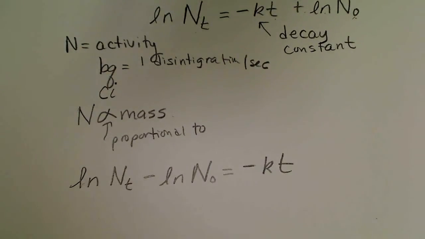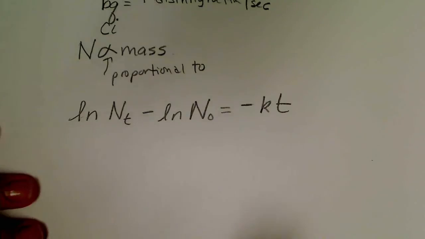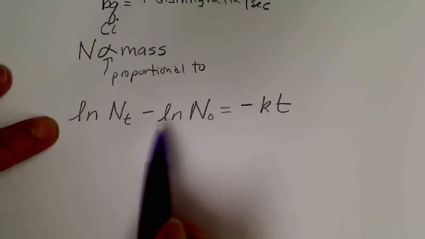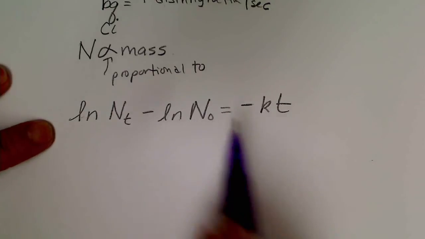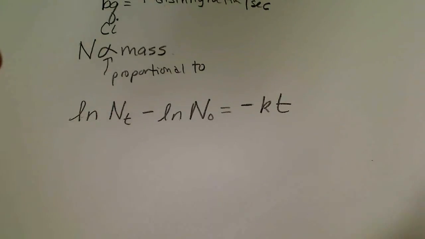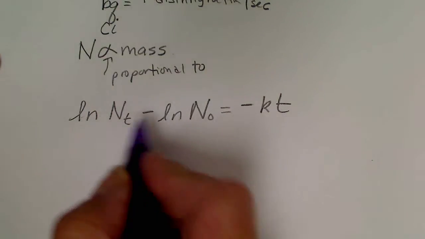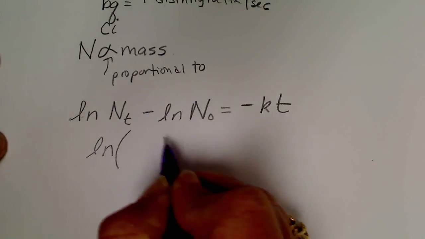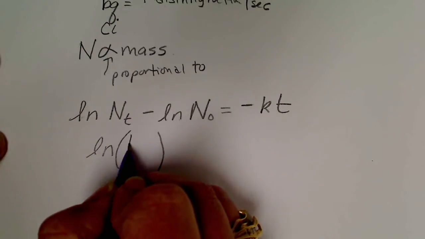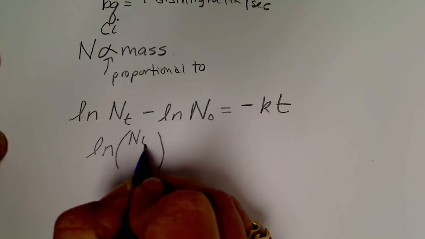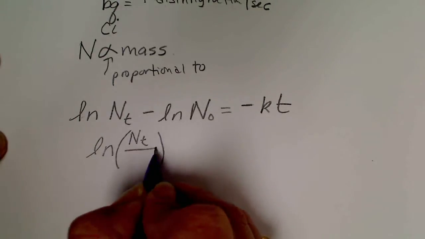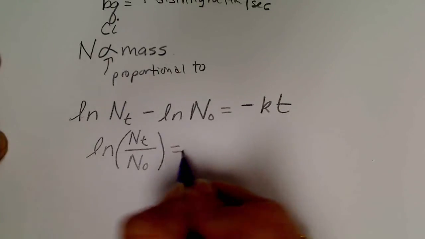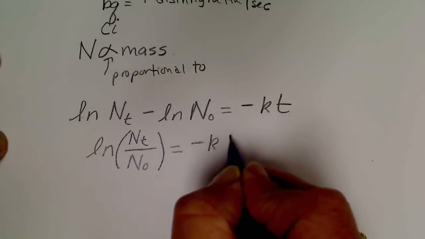And if you remember your intermediate algebra, when we have natural logs or base 10 logs, we can expand or condense a log. So we could rewrite this difference as the natural log of the ratio of the activity at any time t over the initial activity. That would be negative kt.